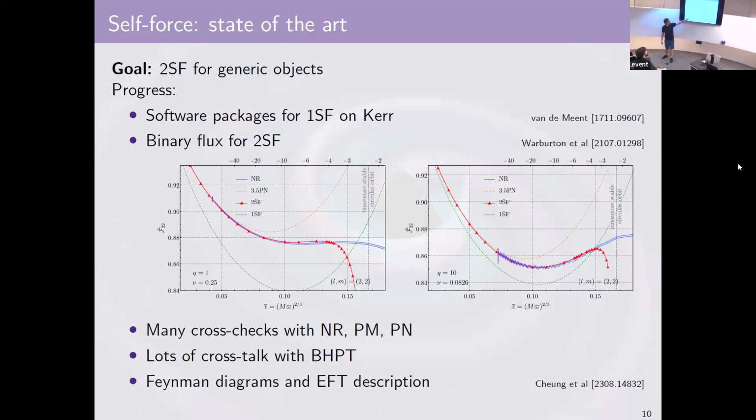And yeah, because it ends up being very similar to black hole perturbation theory, this community crosses over quite a lot with them. There have been some recent developments along this cross-expansion line to try and figure out ways of getting a Feynman diagram and more manifest EFT description for these problems.